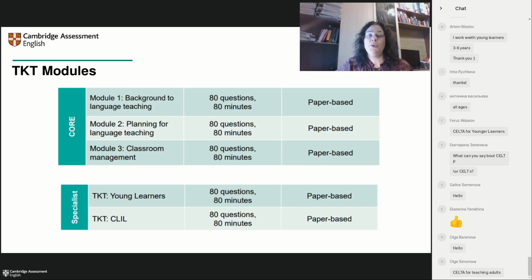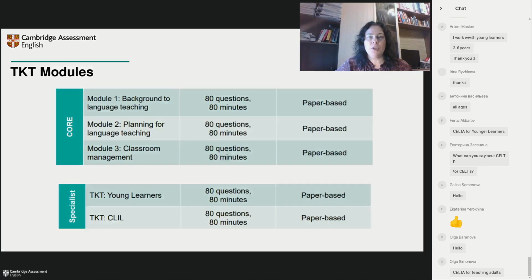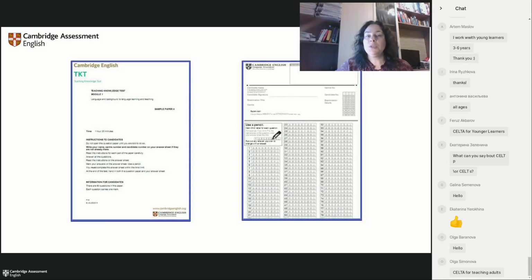Right, okay, so you can see 3 modules highlighted here, and I'm also showing a couple of important pieces of paper, let's say. The first one is the question booklet that you'll be given on a test day, along with the answer sheet. When you are answering the questions, you can take notes, of course, using the question booklet, but you will have to transfer the answers to the answer sheet.